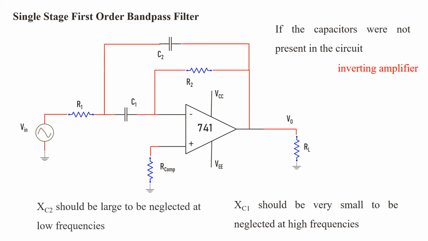And at low frequency signals, the capacitive reactance of the second capacitor, C2, is very large, and it acts as an open circuit at low frequencies. This is how these capacitors act at the low and the high frequencies. We will see the equivalent circuit at the low frequencies and high frequencies and see the voltage gains of these circuits.